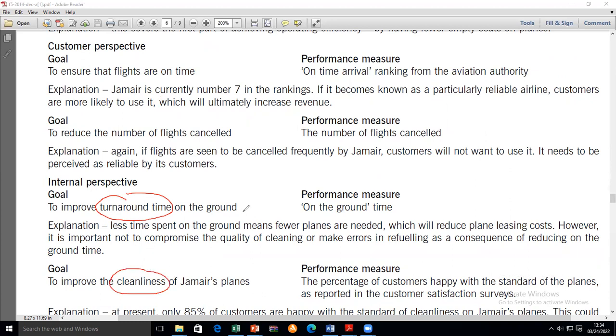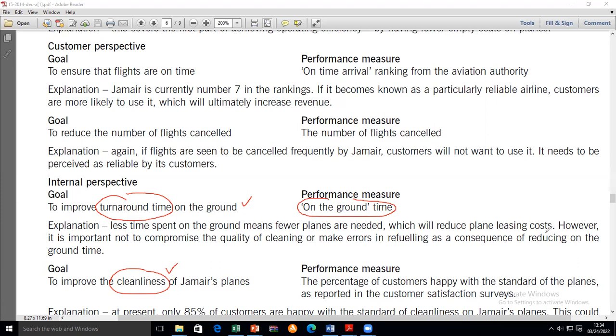So these are examples of processes. Performance measure: ground time. How long do we spend on the ground? What's the justification? Less time spent on the ground means fewer planes are needed, which reduces the plane leasing cost.